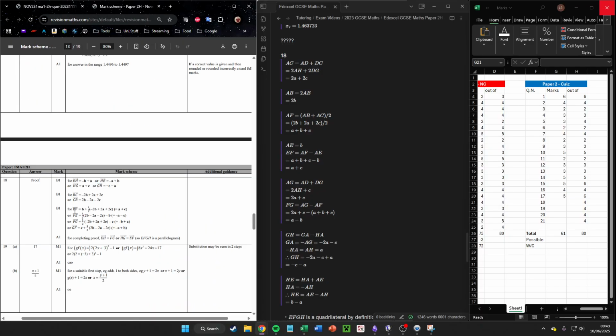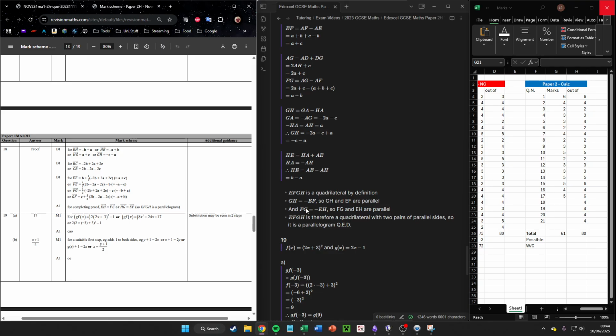Excellent. EF or FE or FG or GF, any of those. FG is equal to minus B plus A. FG is equal to minus B. Yeah, got that. Completing the proof, showing that EH equals FG or HG equals EF. Yeah, I ended up showing the negative, and so the parallel, which is an equivalent thing to show the parallel.